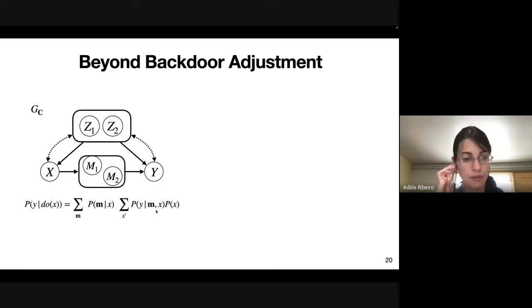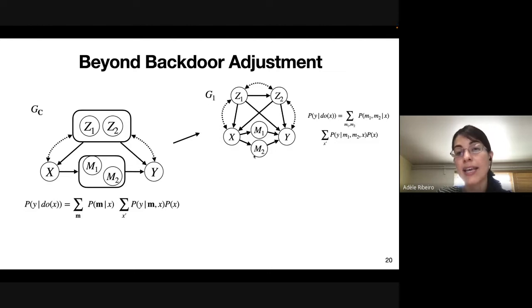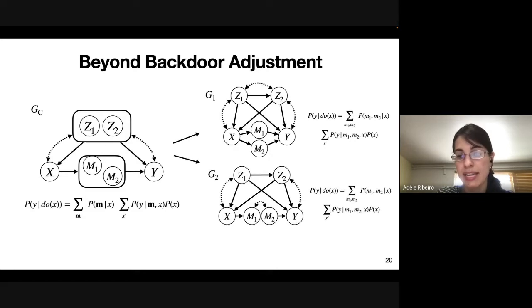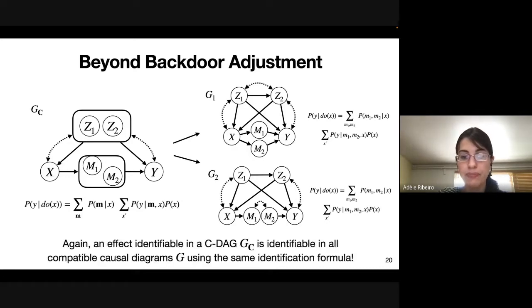If you have ever heard this name, this is the front door adjustment, and it is also extended for clusters. So we extended the entire theory, and the idea is that it doesn't matter what the underlying causal diagram is. If it's compatible with the knowledge encoded in the cluster diagram, then the effect will be identifiable using the same front door adjustment. So these are two compatible causal diagrams, and the effect is identifiable using the same formula.